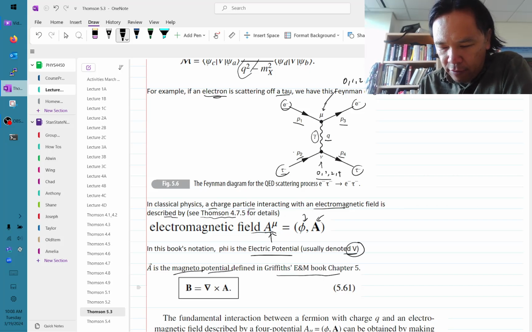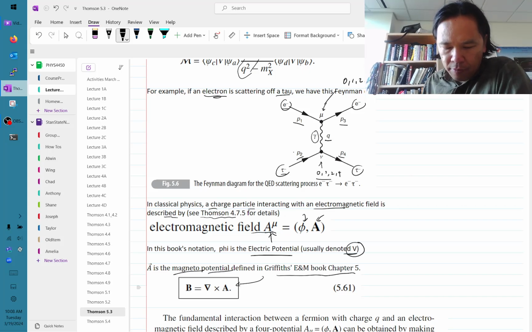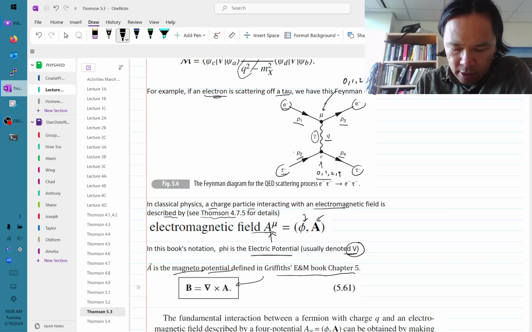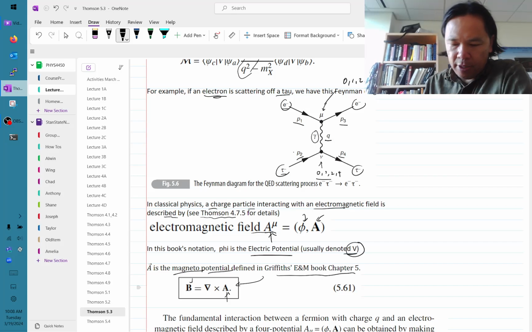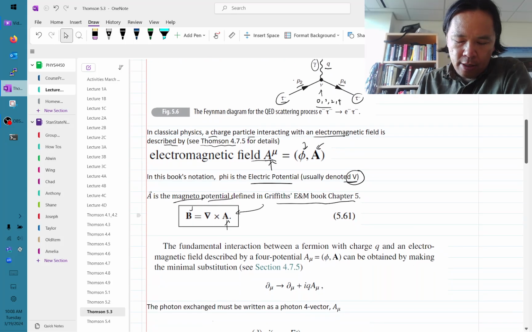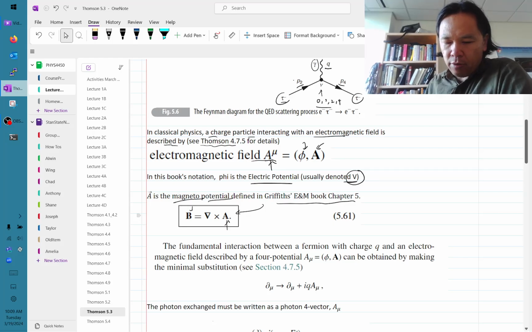It's in Griffiths chapter 5, where he deals with the magnetic potential. It's basically the potential energy stored if you have a charged particle in a magnetic field, and it's defined such that the curl of this potential equals B, the gradient cross product of this potential equals B.